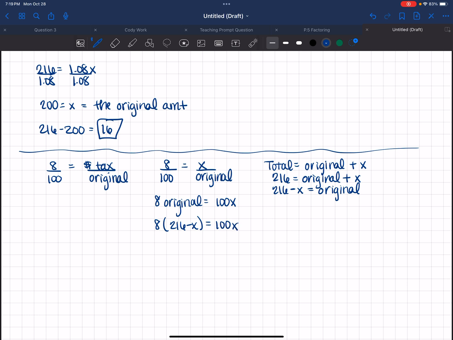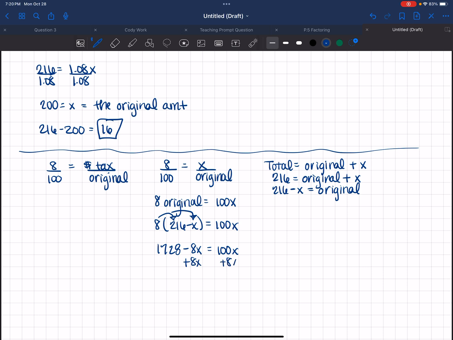Well, 8 times 216, and I did this a while ago, is going to give me 1728 minus 8x. We're using the distributive property here. I'm not sure if she has used distributive property at this point. And that's going to equal 100x. Okay, I'm going to move that 8x to the other side.